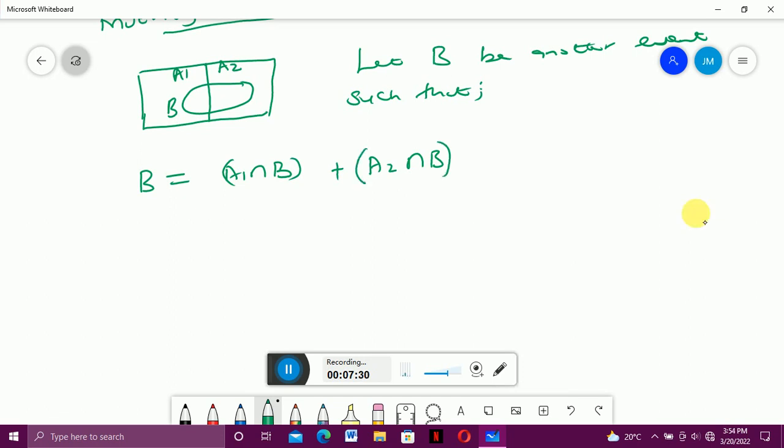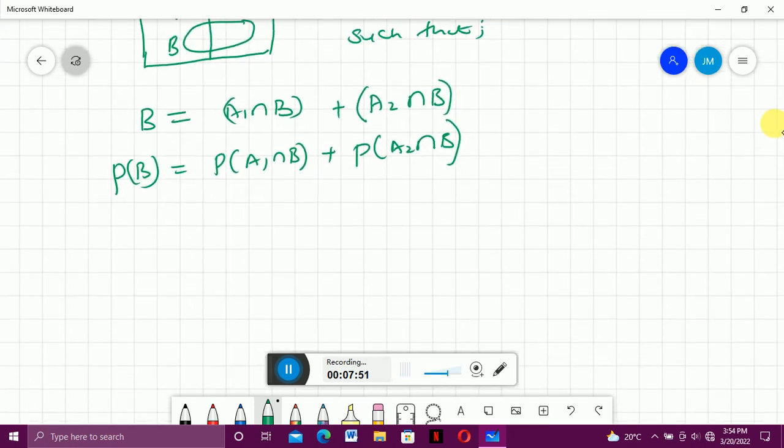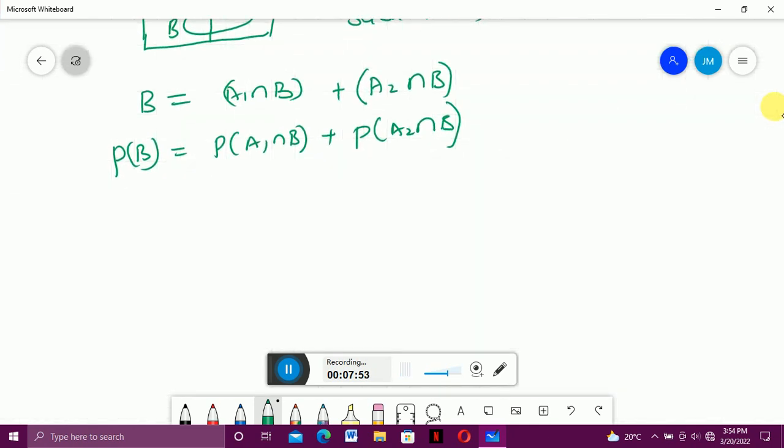So now introducing probabilities, we write probability of B is equal to probability of A1 intersection B plus probability of A2 intersection B. And once we write that, we can now introduce conditional probability, because conditional probability is written in terms of intersection of events.